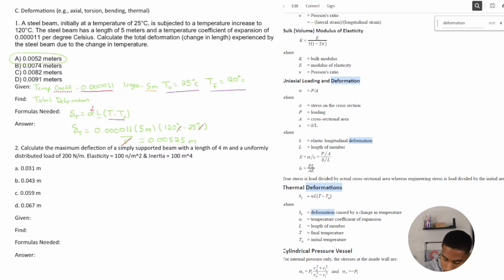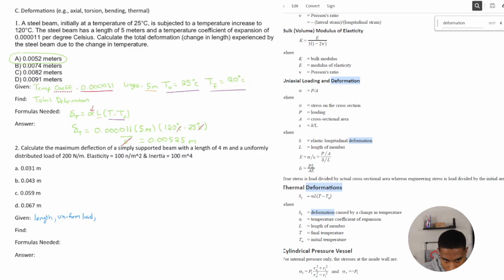Cool. What information are we given? We are given the length of the beam. We are given our uniform load, which is going to be 200 newtons per meter.